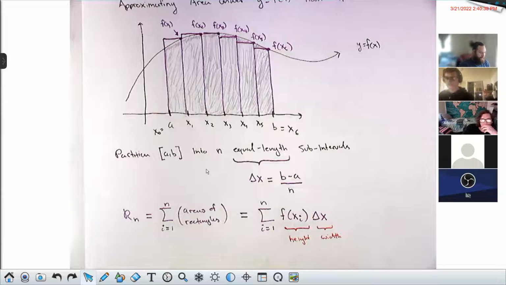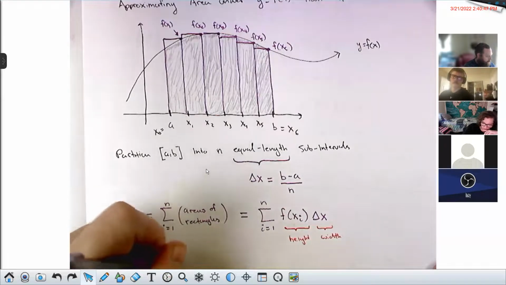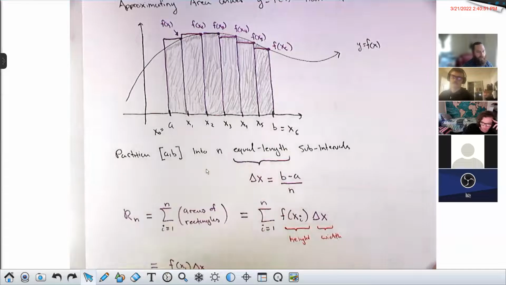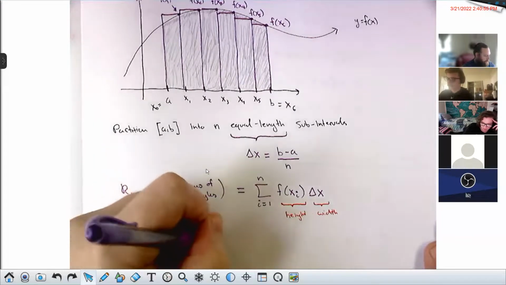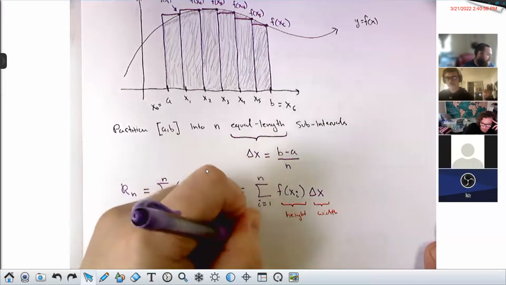So if I write this out long form, without the sigma notation, this would be f of x1 times delta x. That's the area of the first rectangle, plus f of x2 times delta x.